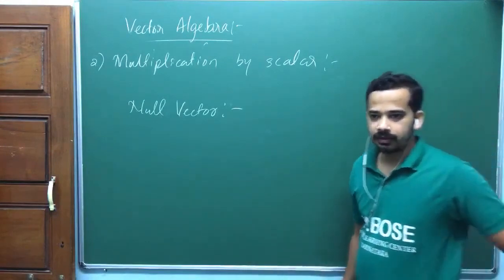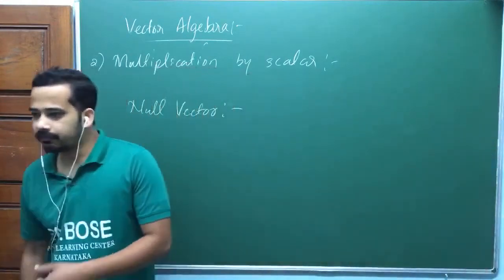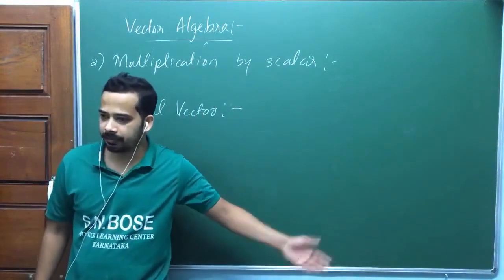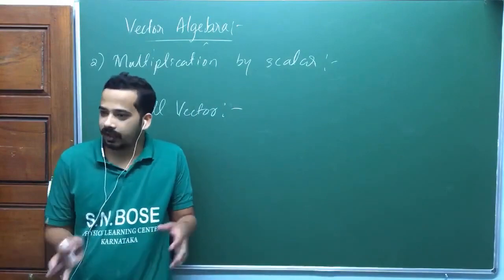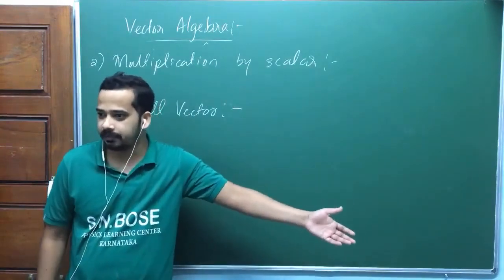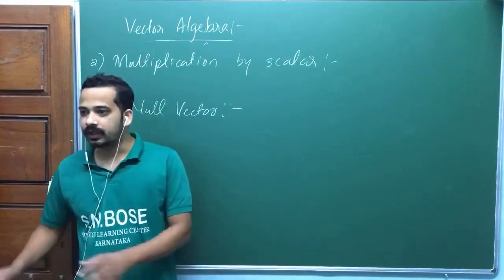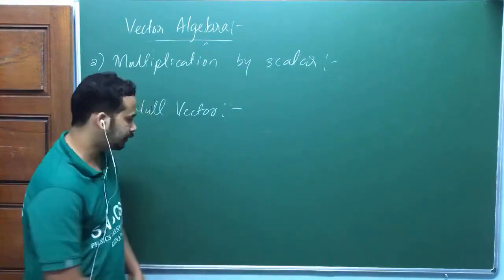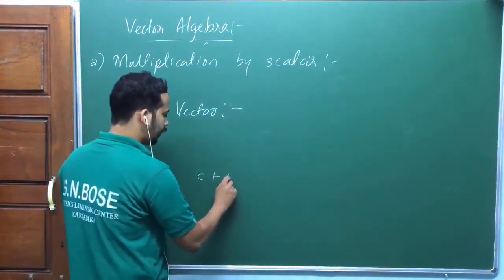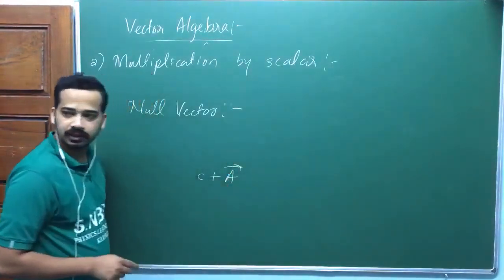So if you have 4 apple, 5 banana, will you say 9 apple? No, isn't it? Apples are added to, again, become apple. You can't add apple to banana, isn't it? Are you getting a point?